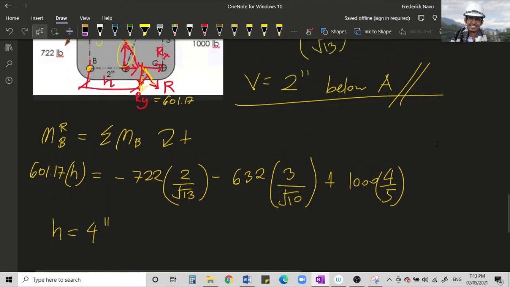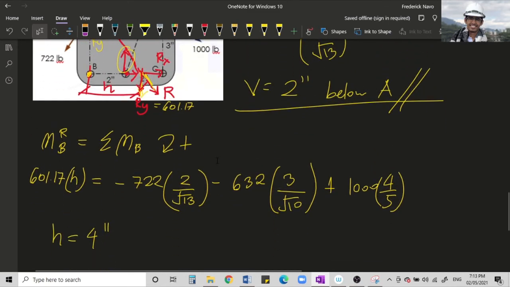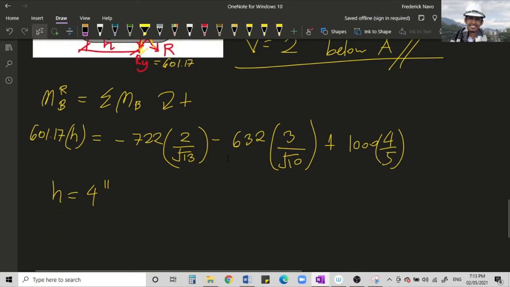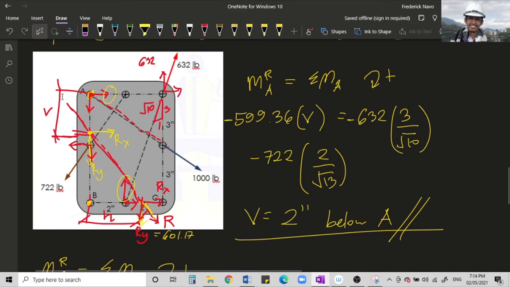Okay, so actually yung h natin is mag-intersect siya mismo sa point C. Okay, so yung h natin will be 4 inch to the right of B, from point B. So yun na yung ating location ng ating resultant.